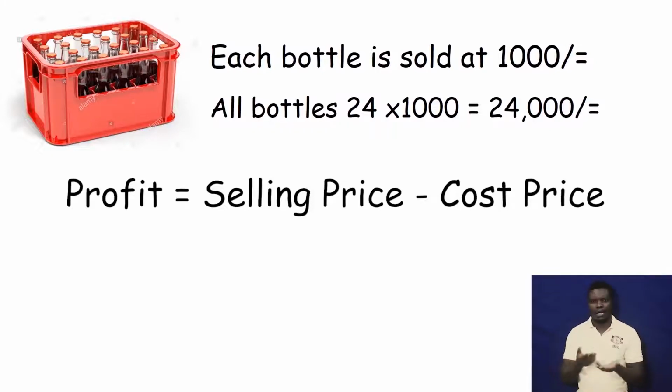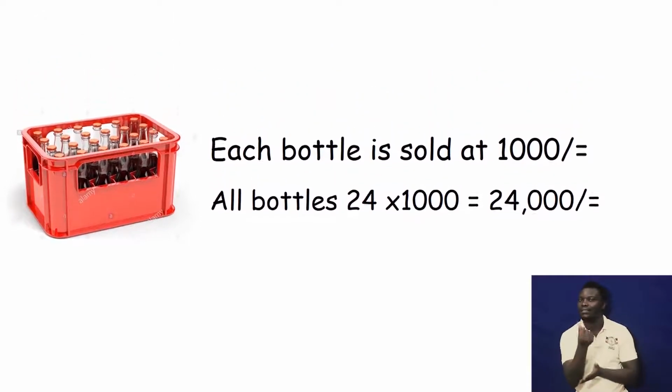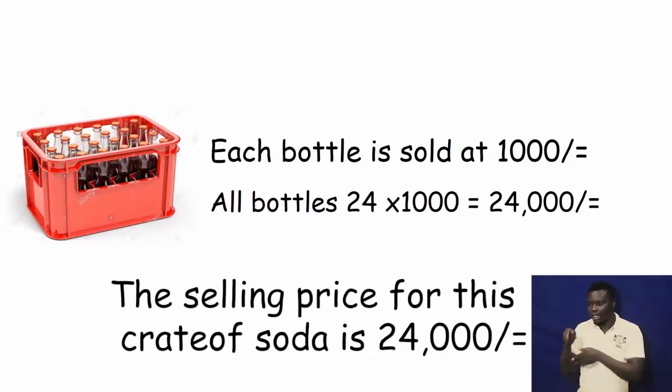So if each bottle was sold at 1,000 shillings, then 24 bottles times 1,000 for each bottle will give us 24,000 Uganda shillings. Therefore, our selling price for this crate of soda is 24,000 Uganda shillings.